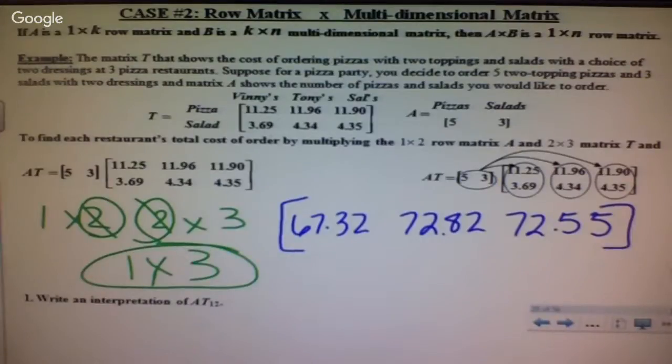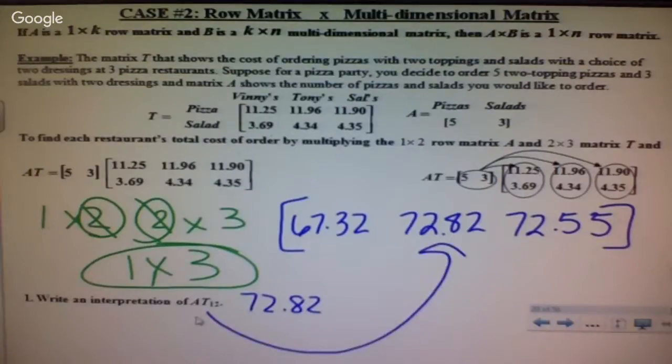So 72.82 points me to this number, and Sammy just said that's the total for Tony's. It's in the second column. So that's how much money I would spend at Tony's if I bought 5 pizzas and 3 salads.